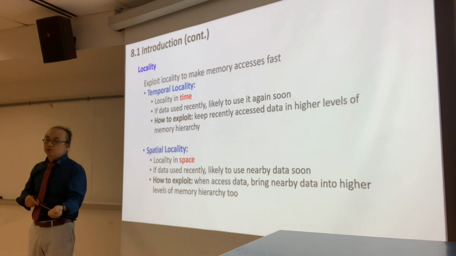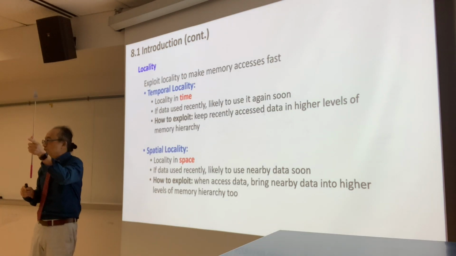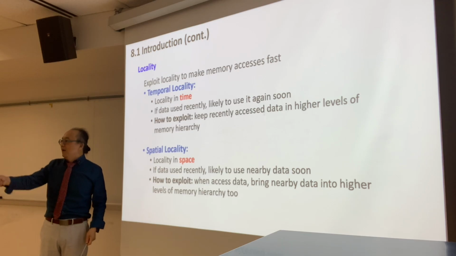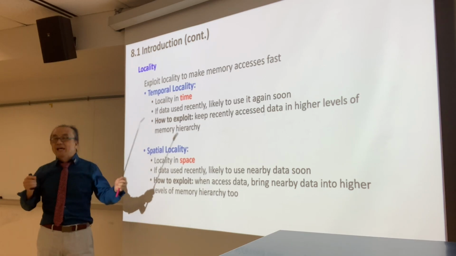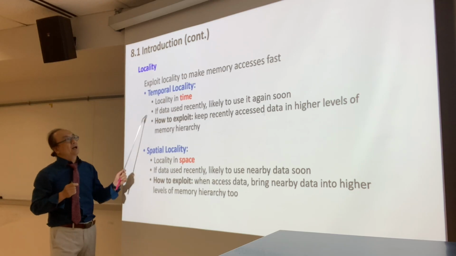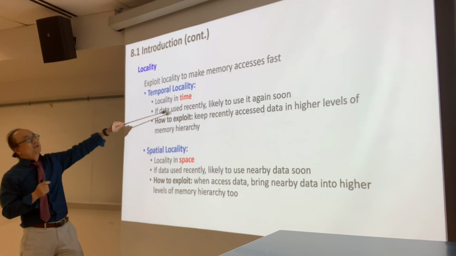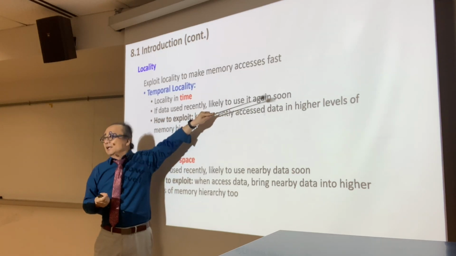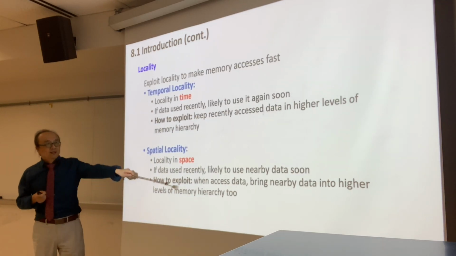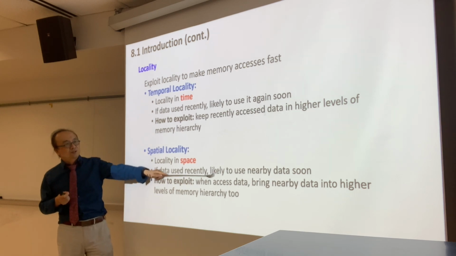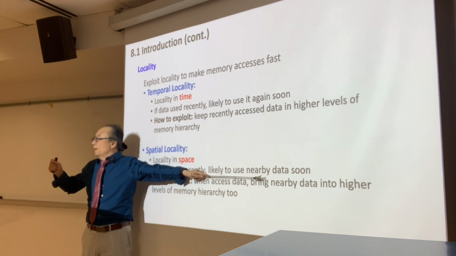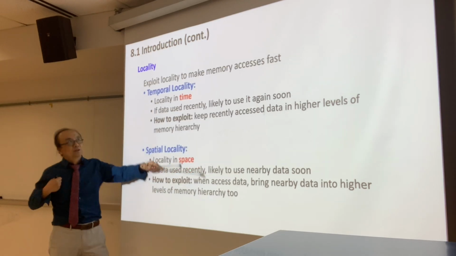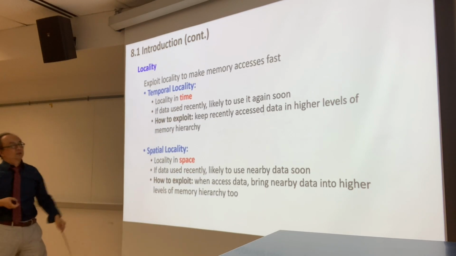Therefore, typically I take those 2-3 books and sit at a table, because I know I may need to access the same book again. That's locality in time. If data was used recently, most likely we're going to use that data again, and other data that I need in the future is going to be nearby. That's temporal locality and spatial locality.